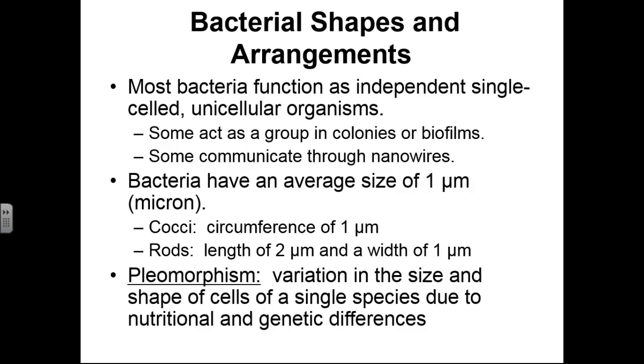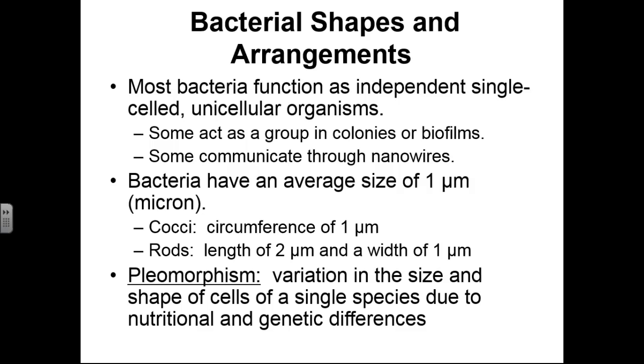So let's talk about how we can categorize the bacteria based on their shape. Most bacteria are always going to function as an independent organism, or a unicellular organism. Every once in a while, they'll team up and work together, and in those situations, they're going to be in a biofilm.